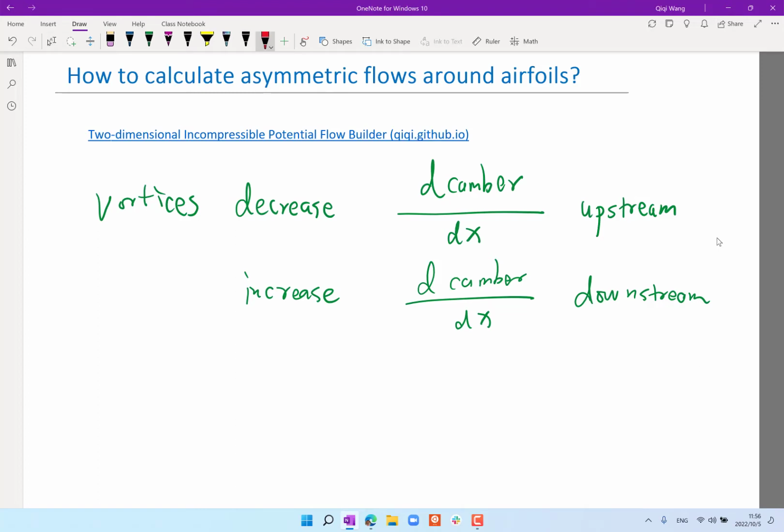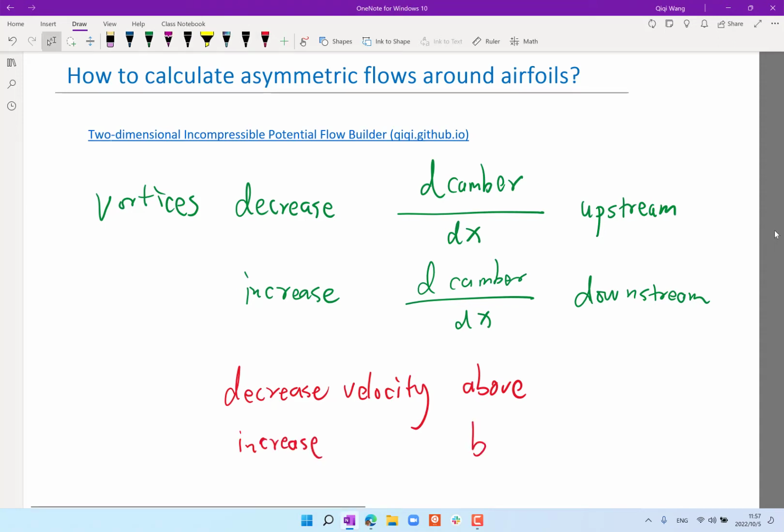So it decreases velocity above that vortex and accelerates the flow below that vortex. It's a local effect. Okay, and decreasing the velocity above means high pressure above, and increasing the velocity below means low pressure below.